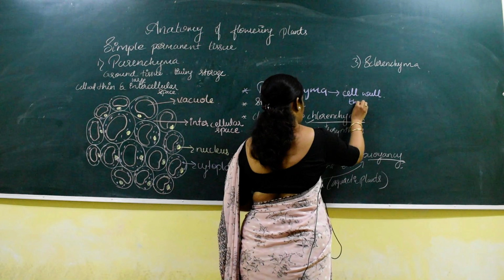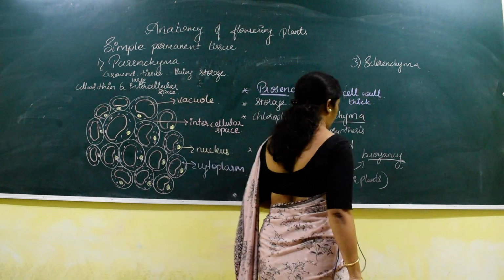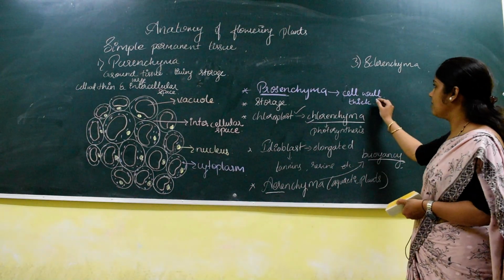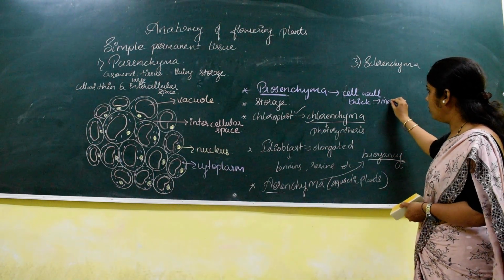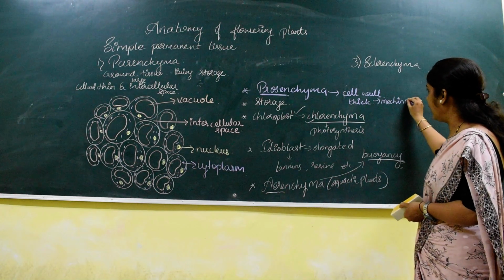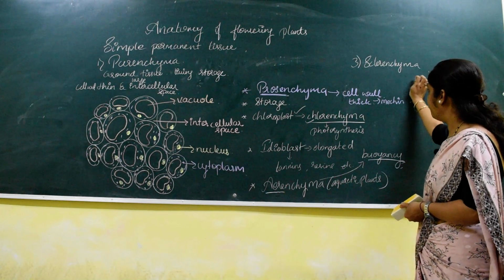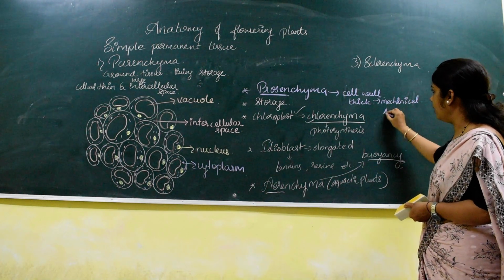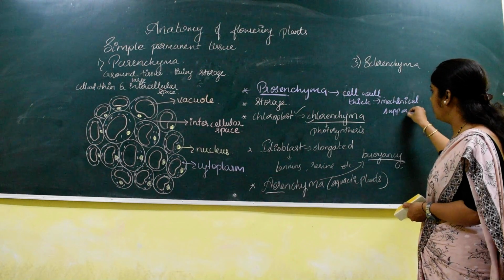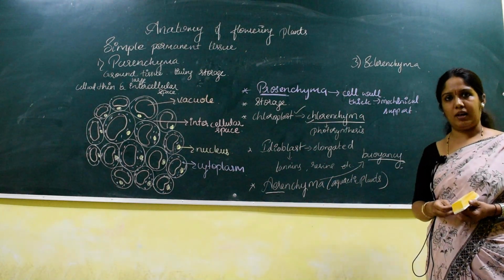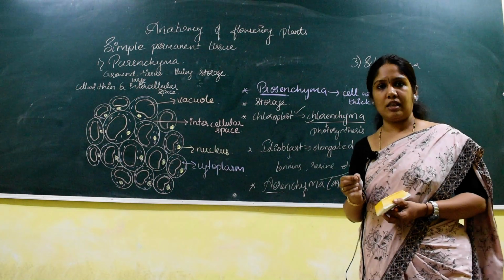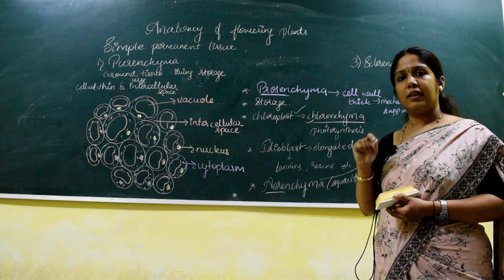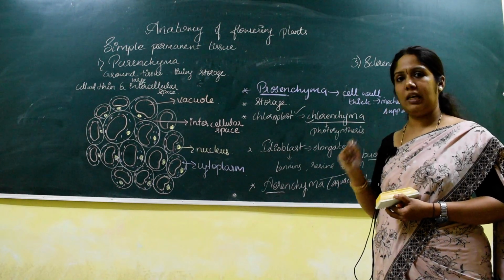Remember, whenever we say the cell wall is thick, then it is involved in the mechanical function, providing mechanical support to the plant. Usually, as a general characteristic feature, the cell wall of parenchyma is thin-walled.